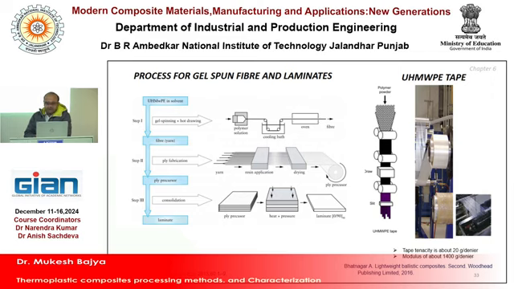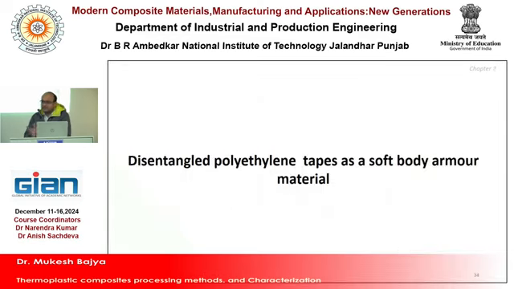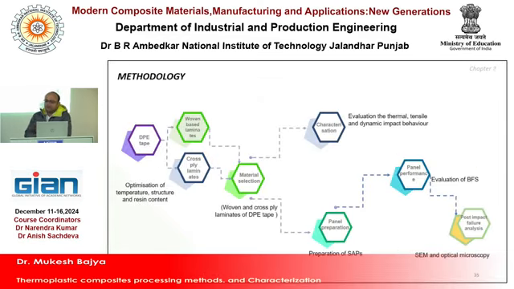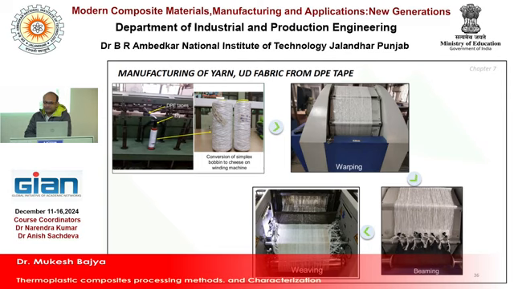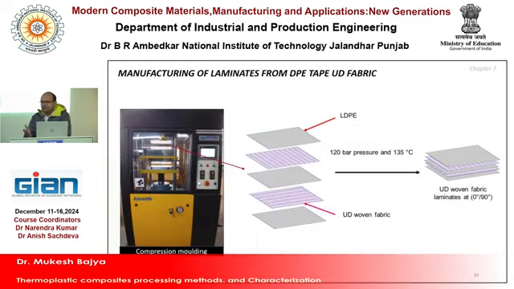This is the material, and we have done the characterizations and prepared different structural forms. From that continuous tape we have prepared the yarn and then fabric, and from that fabric as well as the tape we have prepared different types of laminates: cross ply laminates, as well as laminates based on woven preforms. From the tape, using manual techniques, we prepared these laminates.